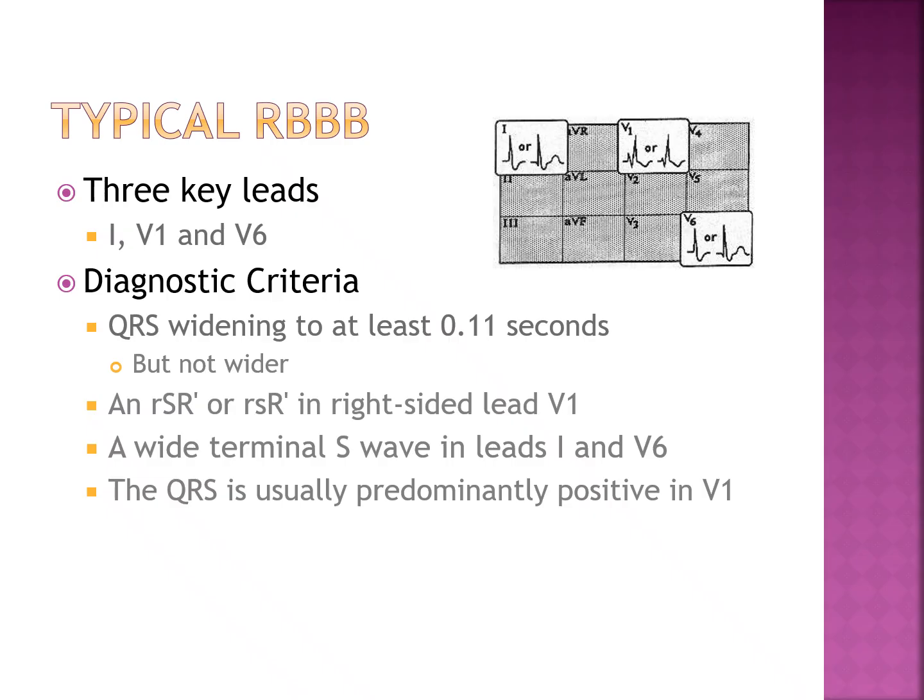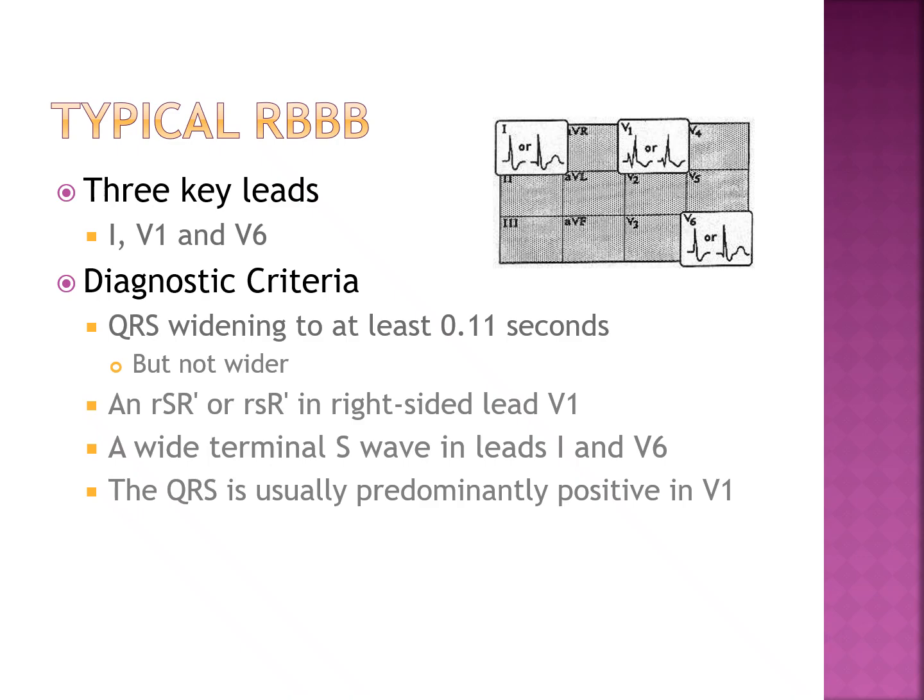So, typical right bundle branch blocks. Three leads to look at, like I just told you before: V1, lead 1, and V6. In V1, we will see an elevation or an upward deflection. In lead 1 and V6, we should see a skinnier QRS complex.